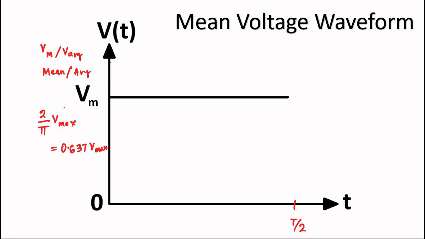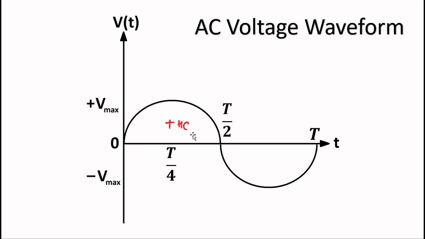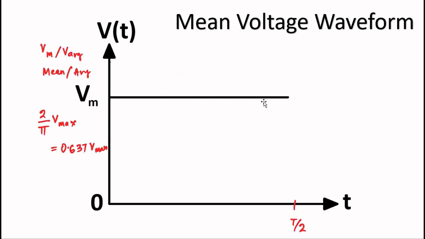So this is the equivalent DC representation of this positive half cycle of this AC voltage waveform, only the positive half cycle. So this positive half cycle voltage is the same as this DC voltage.